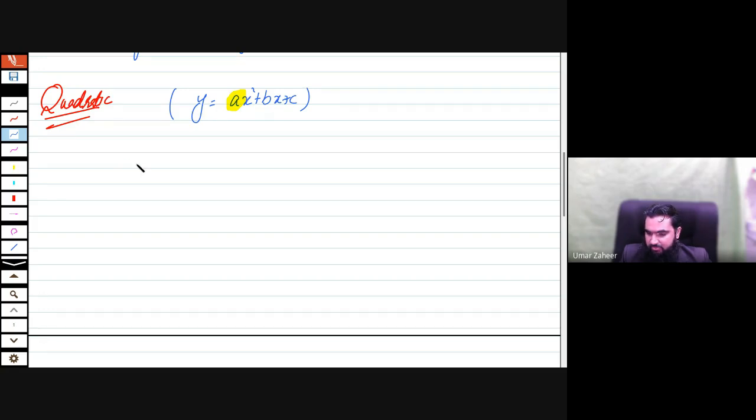If your value of a is greater than 0, meaning a positive value, then the shape of the graph is going to look like this. The name of this graph is parabola. And if the coefficient of x² is less than 0, then the shape of the graph is upside down. It's the same U shape, but upside down.